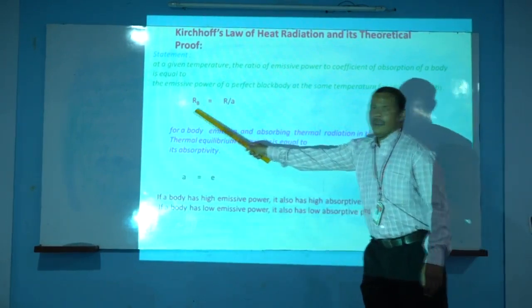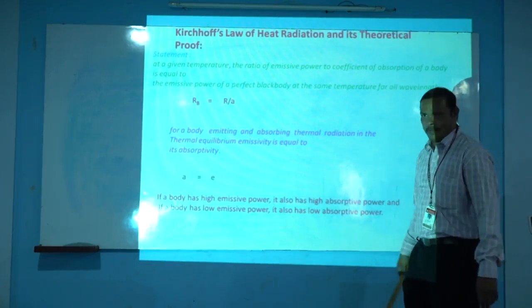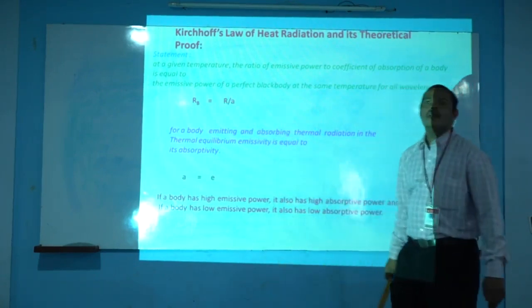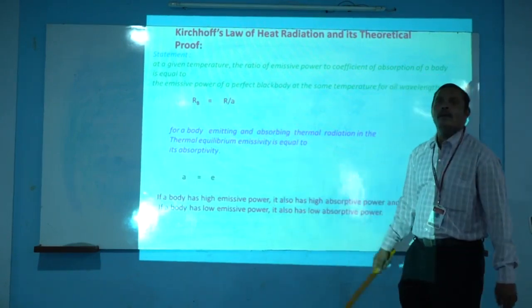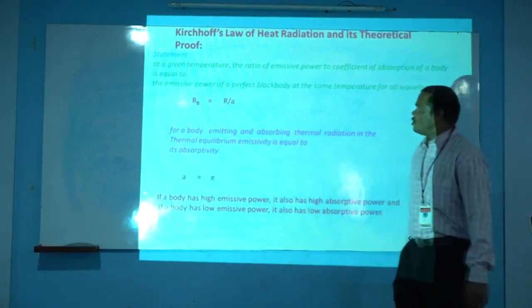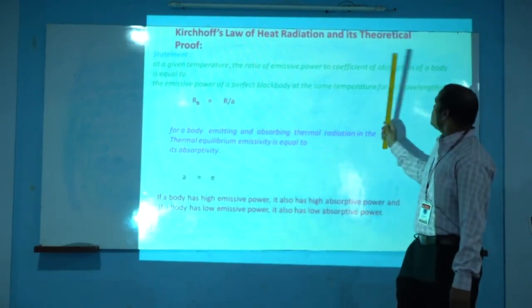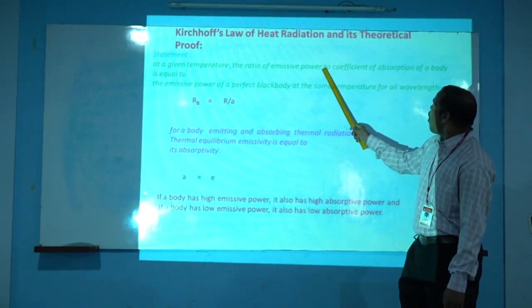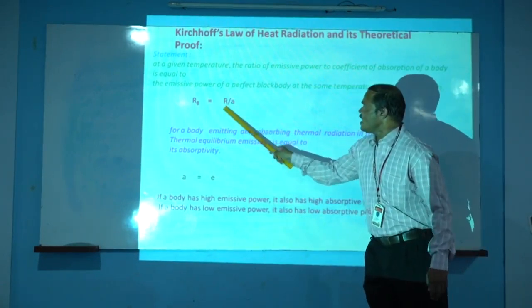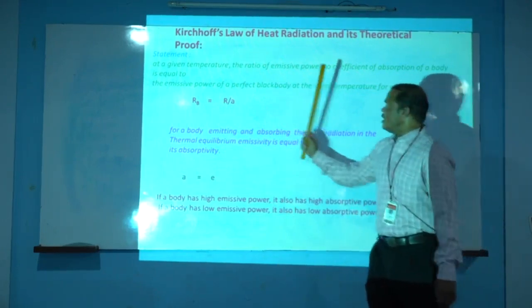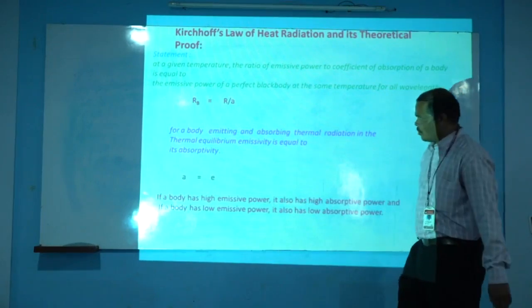What is Rb? Rb is nothing but the emissive power of the perfectly black body. Capital R is the emissive power of the ordinary body, and small a is the coefficient of absorption. So according to the statement, the ratio of emissive power of the ordinary body to the coefficient of absorption, that means the right hand side of this equation, is equal to the emissive power of the black body.